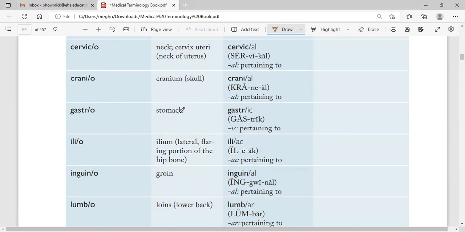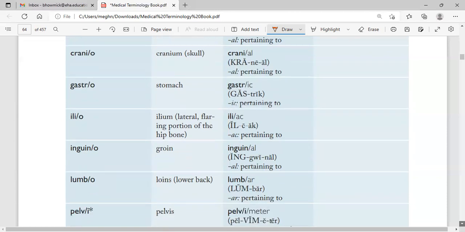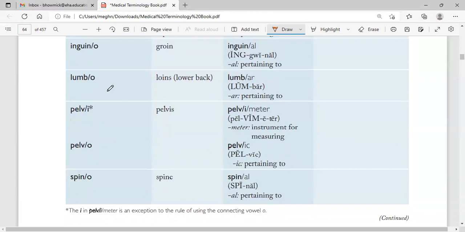Gastro means stomach, gastric, pertaining to the stomach. Ilio, ilium, the flat bone of the hip, iliac, right? And then inguinal means groin, inguinal, pertaining to the groin.